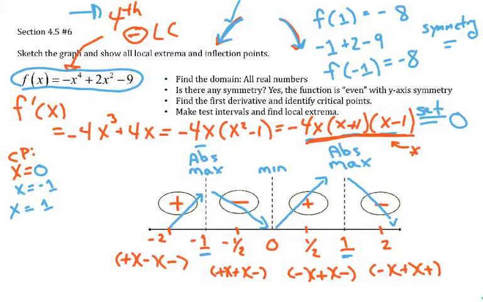See how that saved me a little work? So our absolute max is going to be at x equals negative 1 and x equals 1, where the y value is negative 8. And then we will have a local min at x equals 0 and f of 0. Oh, that's easy. That's negative 9. That will be my local min.